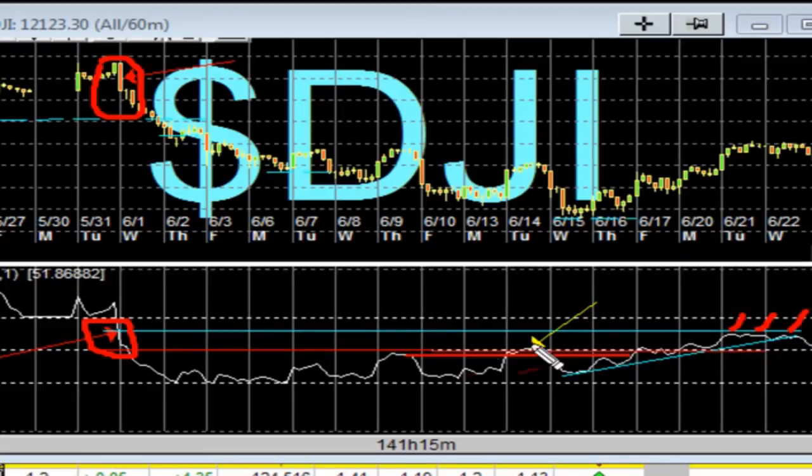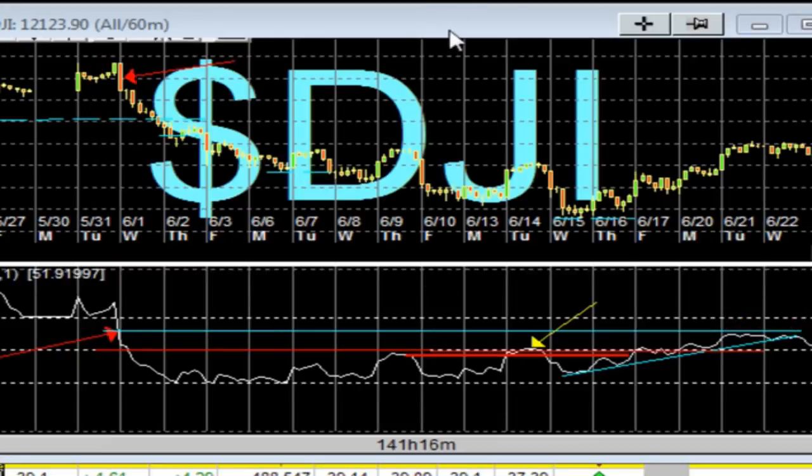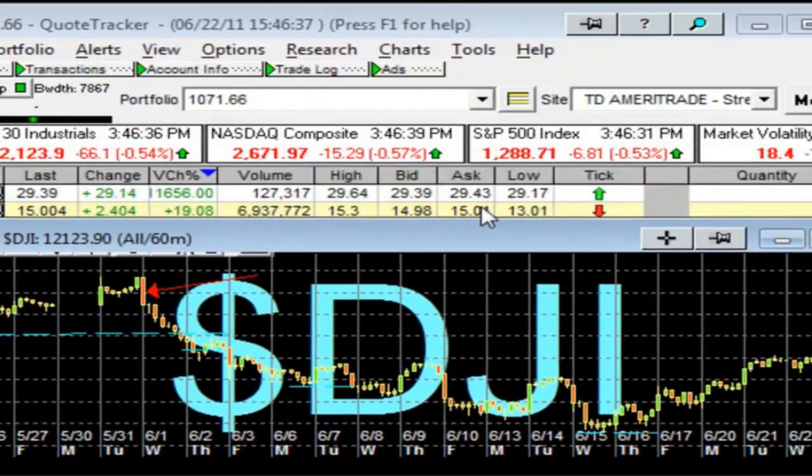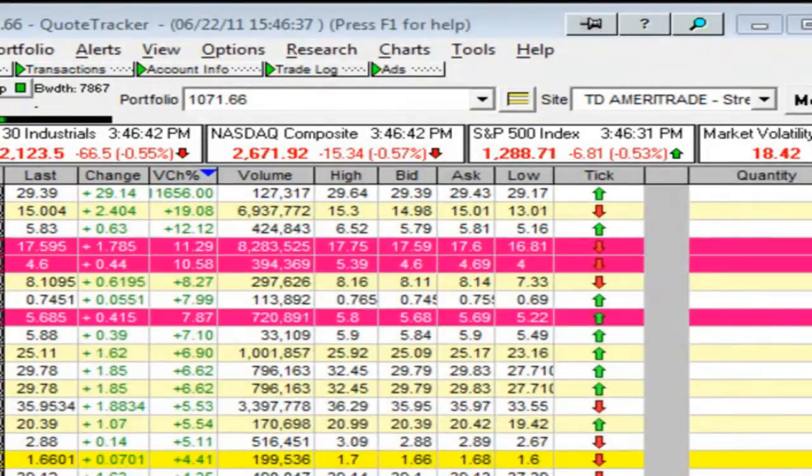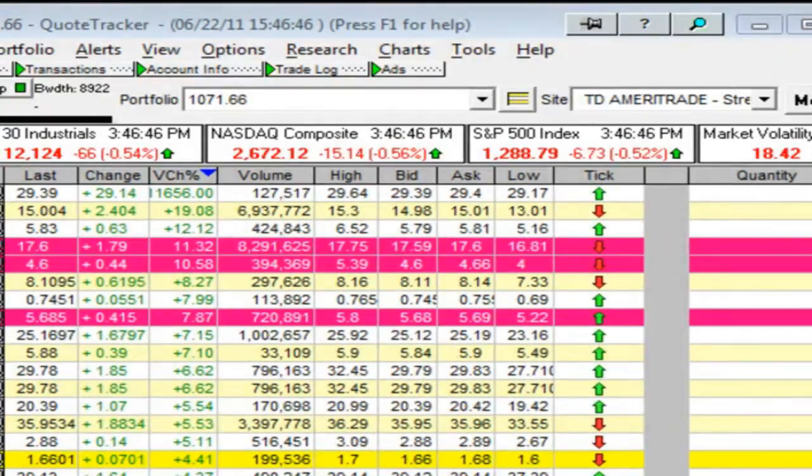But the lesson here is, if you can figure out where a stock had problems or had success in moving higher, then you can see whether the uniformity below or above the line can give you a buy signal or a sell signal. Remember, this has taken about a day and a half to come to fruition, so it does take a while before things reflect what is actually on the ground. So I'm going to leave you here. Dow down about 66 points, with the risk of it closing probably low. This is Eric Muathe with Muathe.com.